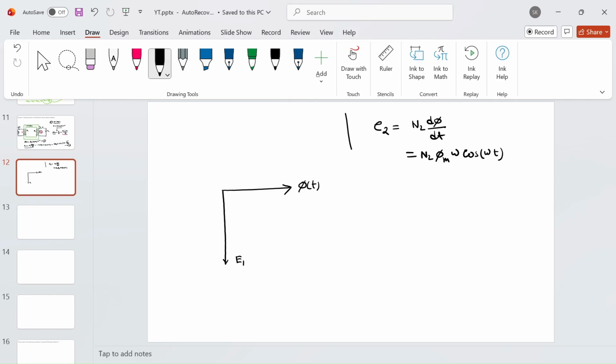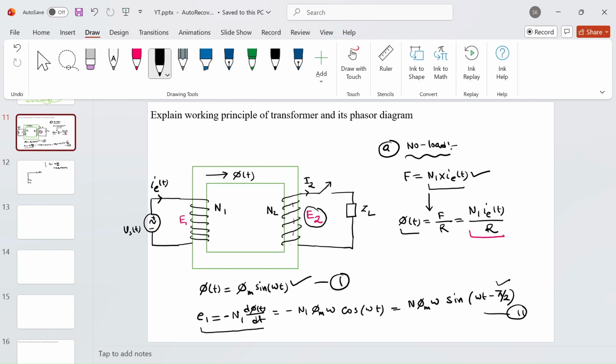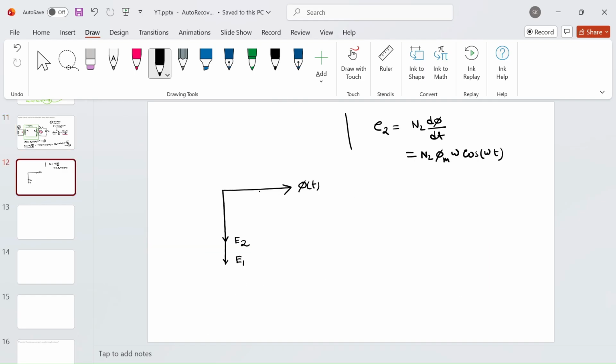We will see the polarity of these induced voltages in case number 2 at loaded condition. But as of now, I am focusing only on the magnitude. These two magnitudes are in the same phase. So here you will have E2, and your core has a finite reluctance, and because of that you are getting this exciting current, and it will be in phase with the phi of t.